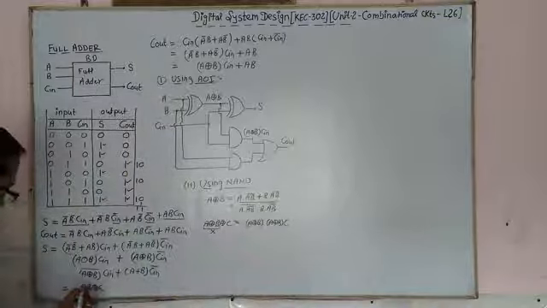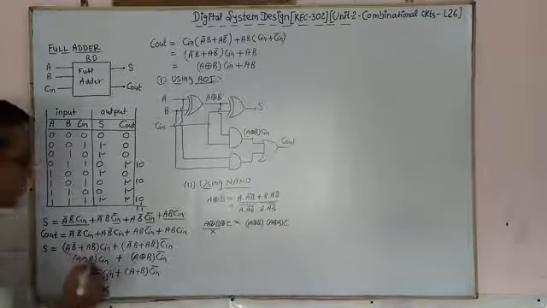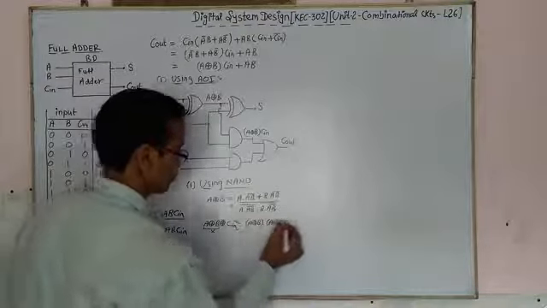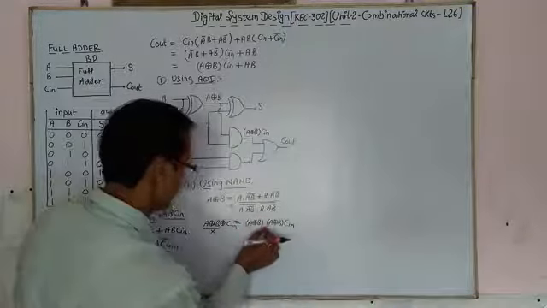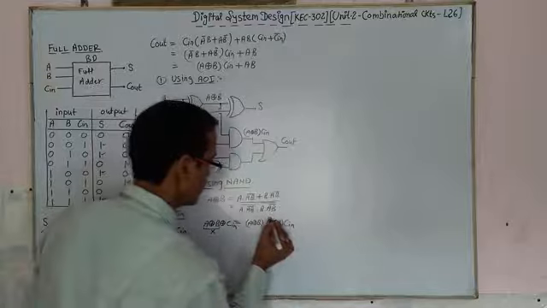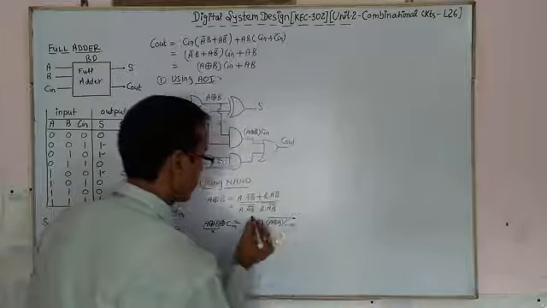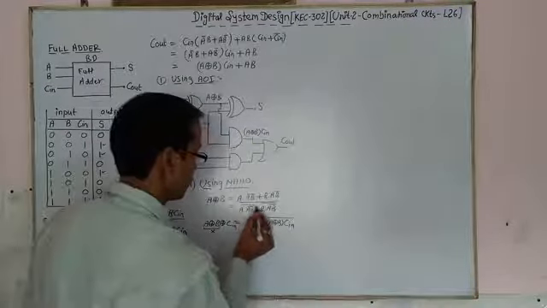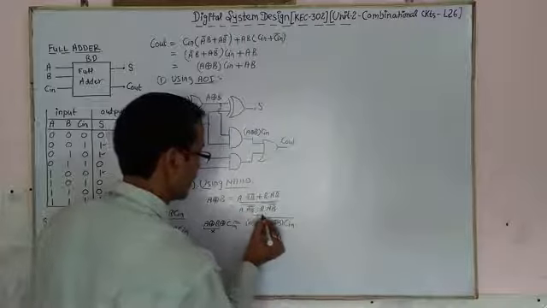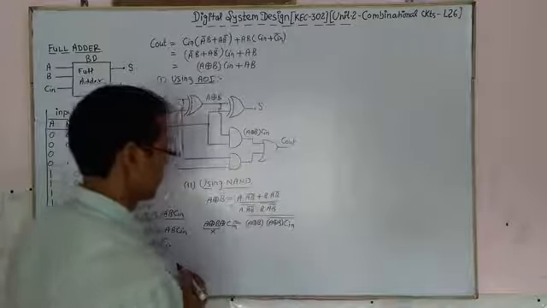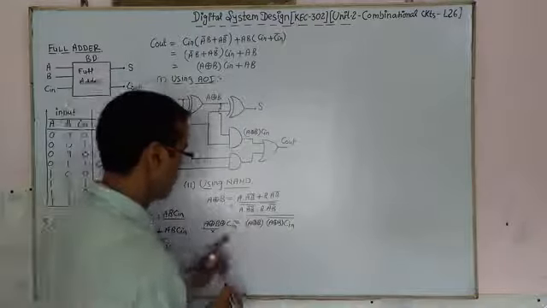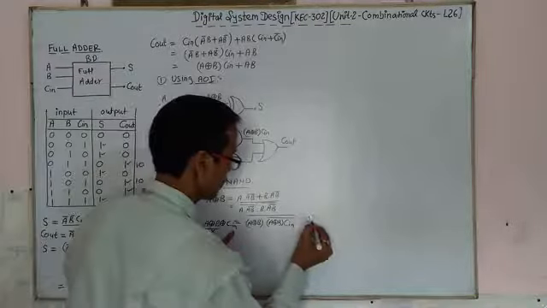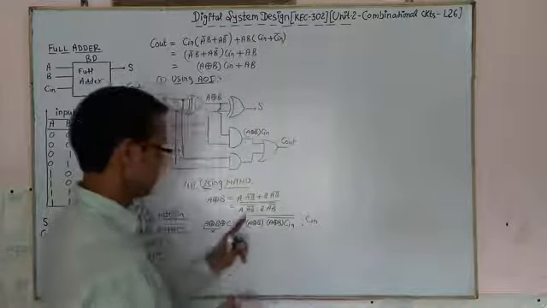C here is C in. So A XOR B, and this is whole bar, dot, C in.